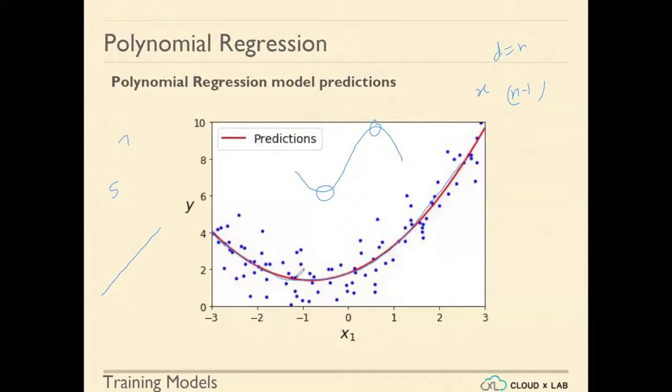In that case we can always have a higher degree term, because if we take a lower degree term, we may not be able to capture the relationship between input and output, and then we will get very poor accuracy. The error will be very high if we are not fitting a correct model. So we will start with a high degree polynomial and then use regularization, which will penalize our model in such a way that some coefficients become zero, so that the model becomes smooth, right?